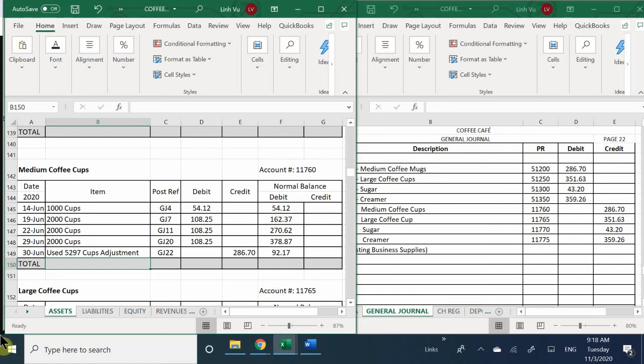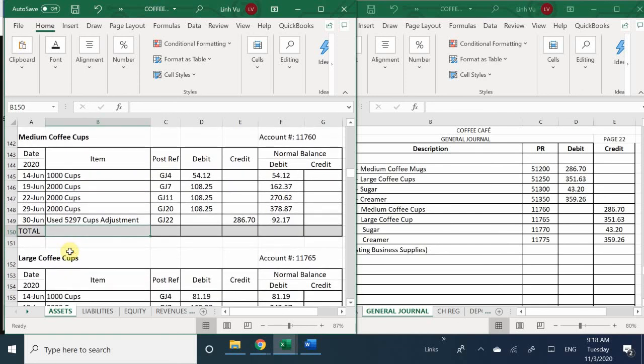So you're going to be transferring all this information and just having this one line right here saying at the end of June 30th, you have X amount left. Okay? So in this case, I have $92.17 left, which I can either calculate, or I can calculate what total amount of cups I have left. But that's just if you'd like to.